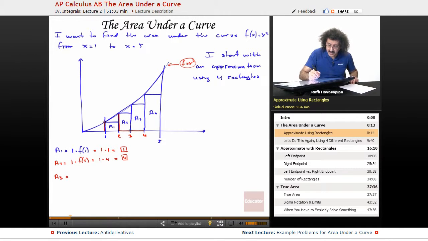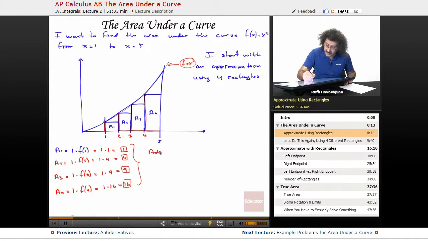It's going to be 1 times f of 3, because the height of the rectangle is f of 3, which is equal to 1 times 9, which is 9. And then my fourth area is 1, the base of the rectangle, times f of 4, the height of the rectangle, which is 1 times 16, which is 16.